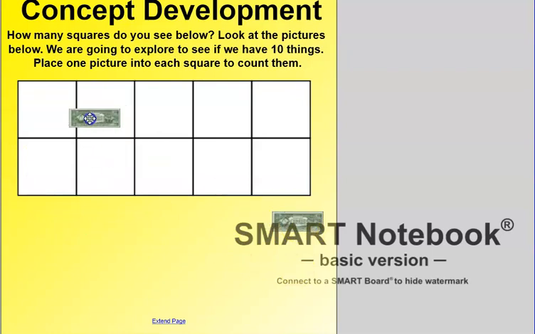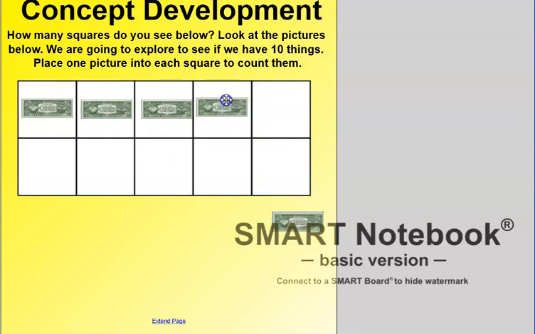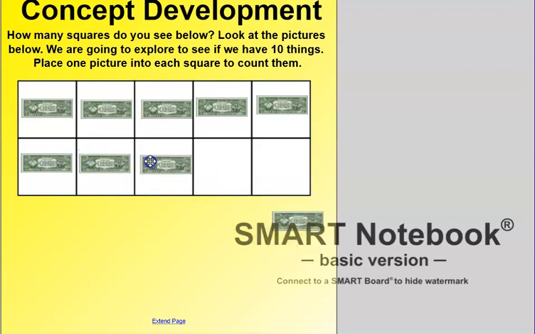Okay. Now we have some $1 bills. Let's see how many of them we have. 1, 2, 3, 4, 5, 6, 7, 8, 9, 10.